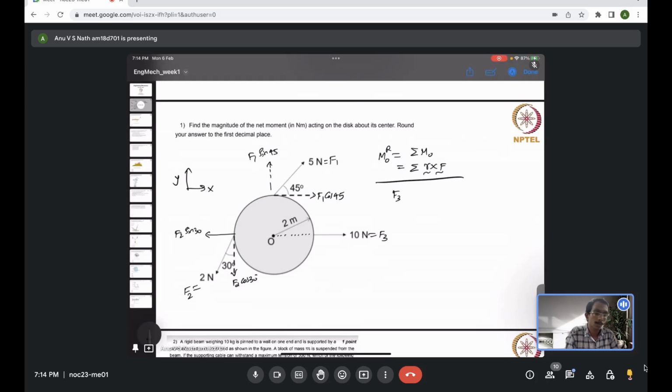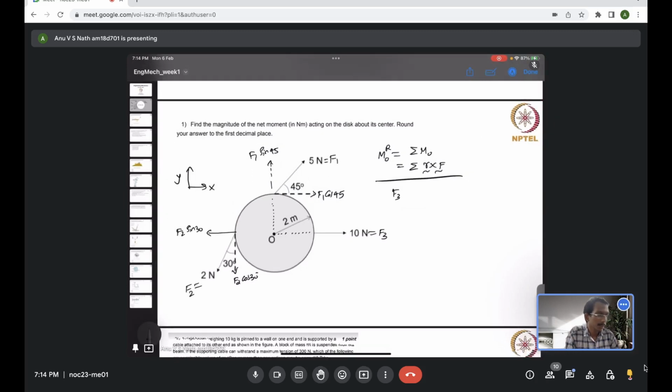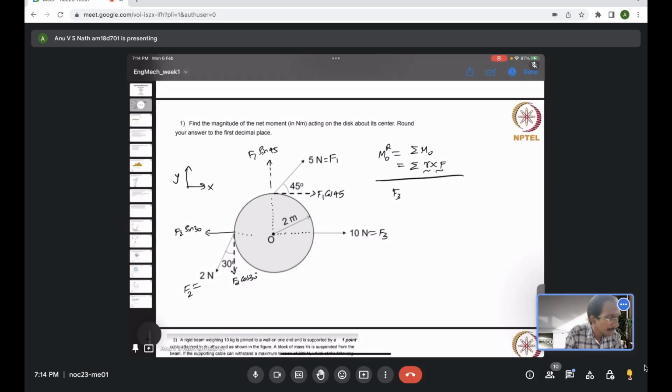Similarly, F1 sin 45 will not contribute because that is also passing through the origin. Similarly, F2 sin 30 is also passing through the center O. So these three forces, basically two components, F1 sin 45 and F2 sin 30, don't have any moment about O. They are not going to contribute to the moment. Just F1 cos 45 and F2 cos 30, only these two forces are going to contribute.